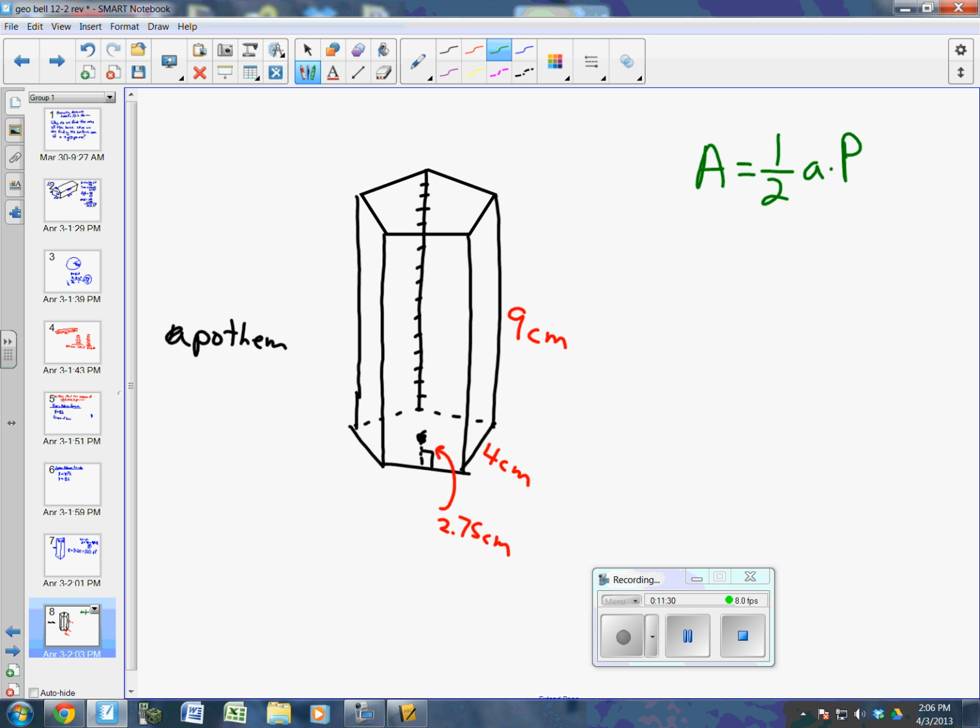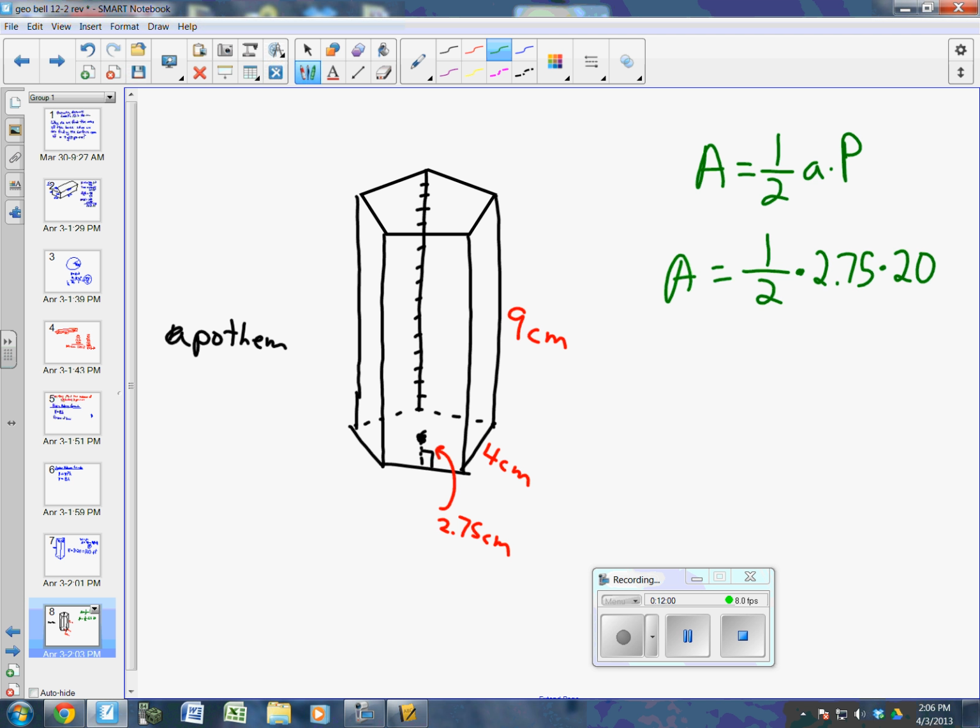What's the perimeter of this thing? No, not 25. 20. Why 20? How many sides on the polygon? 5, and they're each 4. 5 times 4 is 20. What's the apothem? So that's going to be the area of my base.